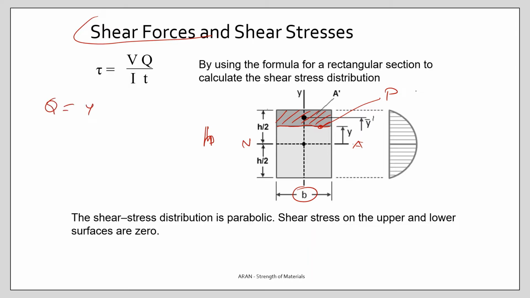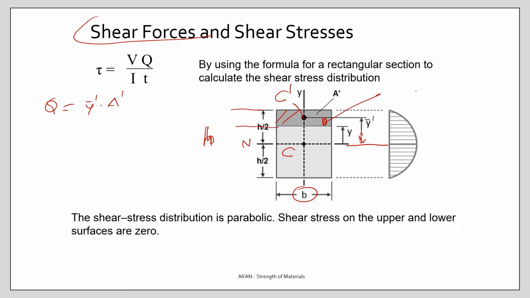It is y prime times A prime. What is y prime? y prime is the distance of the centroid of the dark area from the centroid of the whole section. That is this value.